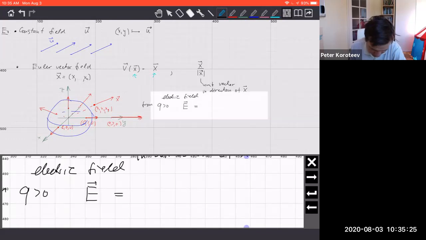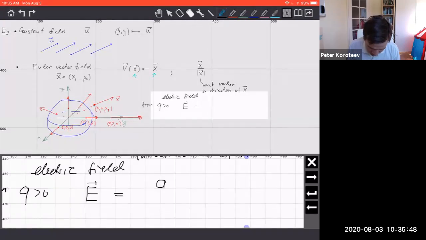I'm not sure which system of units you used in your intro physics class, so let me use the so-called CGS system, which does not include any 4 pi's or epsilons. So there's the coefficient k here, which is actually scaled to 1. Whatever this coefficient is, it can be scaled to 1.